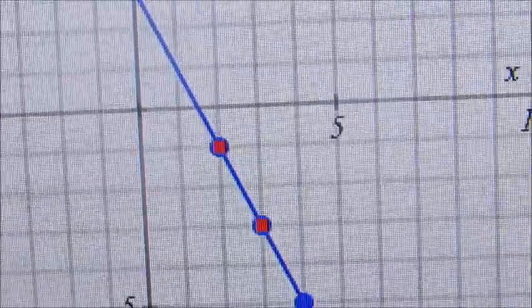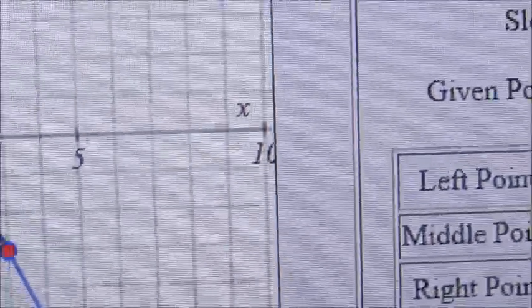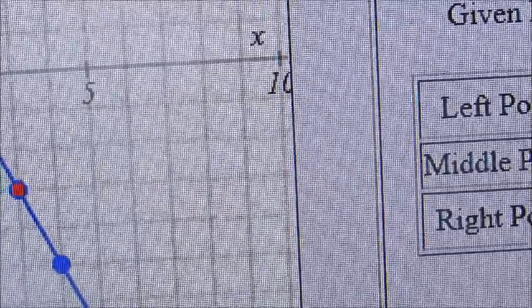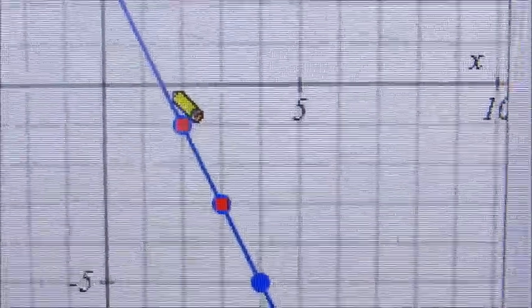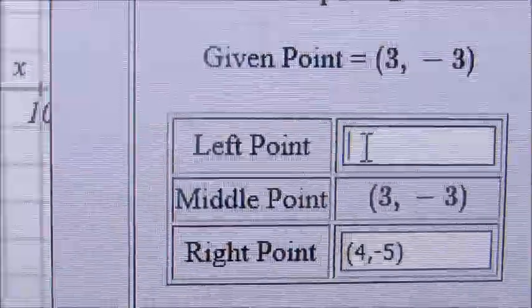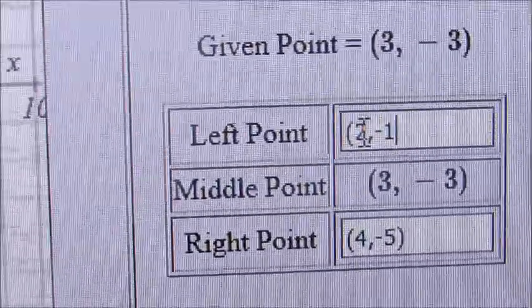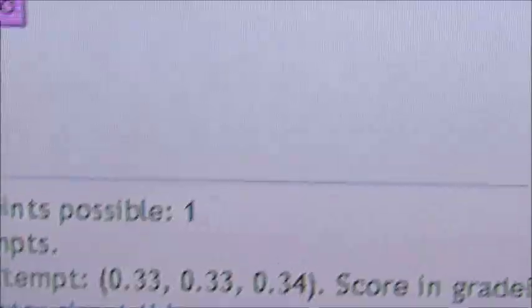And the first one to the left is right here, and it's at (2, -1). So with the parentheses, (2, -1), and we're good to go. And we did get it all right. Got a 1 out of 1.